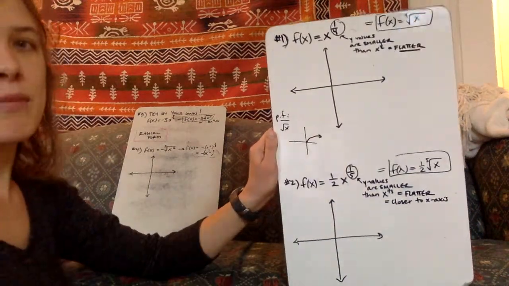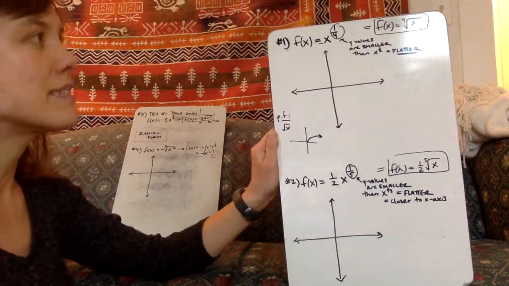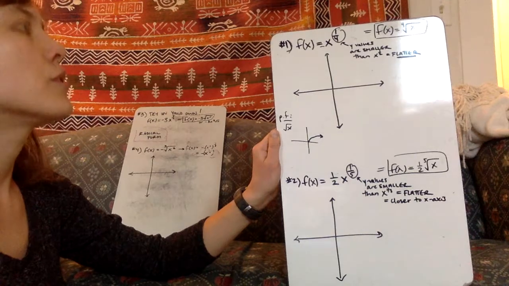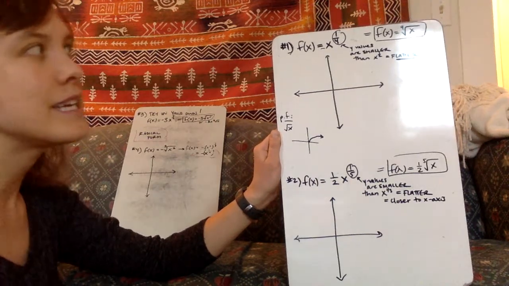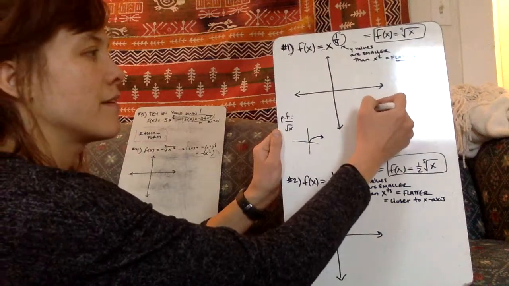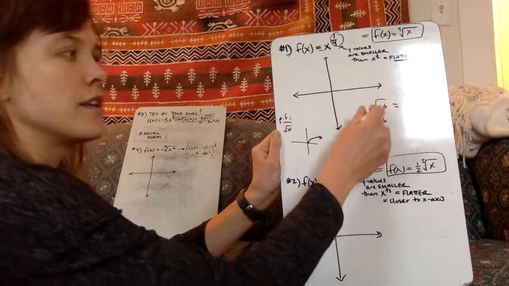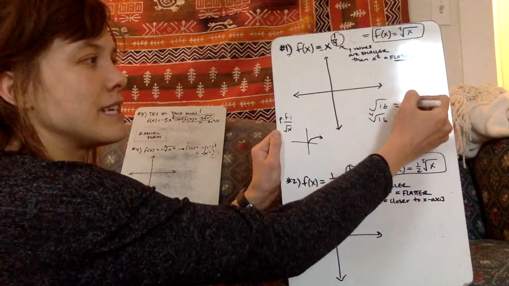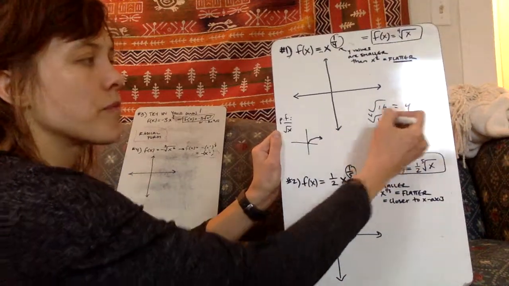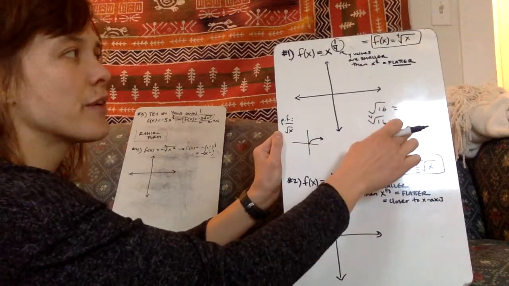And so when I'm raising something to the 1/4 power, for instance 16 to the 1/4 power, the square root of 16 is 4, but the fourth root of 16 is 2. So my y value here is less.